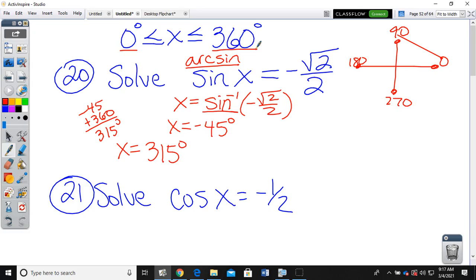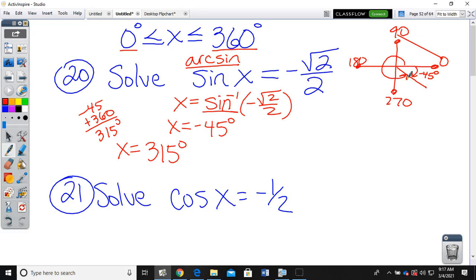It's in quadrant what? 4. It's in quadrant 4. It's down here. Negative 45 degrees would be there, and so we went around that way to get to 315. There's one more quadrant where sine is negative.